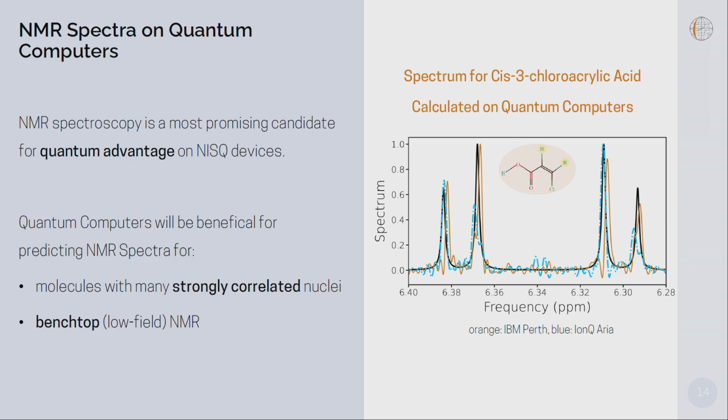And currently we are trying to find a very nice use case to also address more hardware people, where we really have a problem of, let's say, the order of 20, 30 spins that's really hard to tackle classically, where we still have the solution, and then see whether or not the quantum computer can still reproduce the spectrum as well.